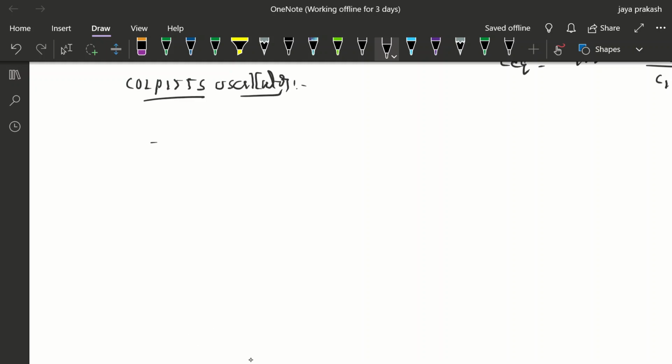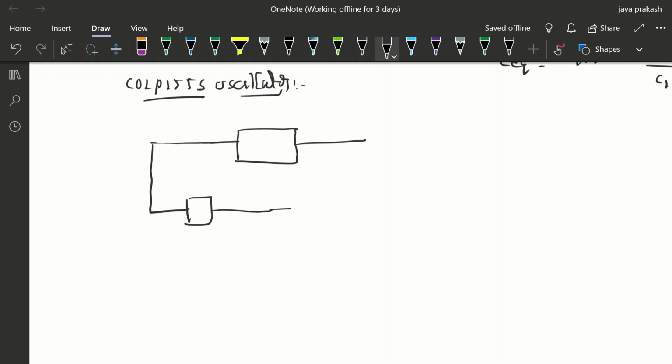I already gave the working of the LC oscillator, and also the block diagram of the LC oscillator. Let me redraw it once again.